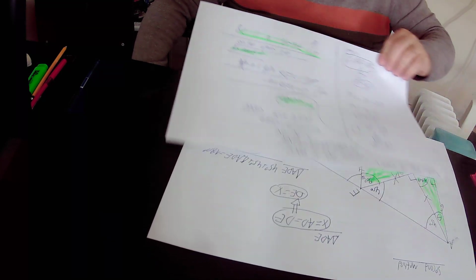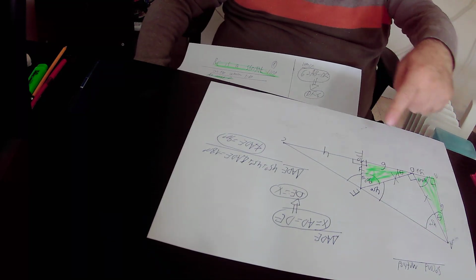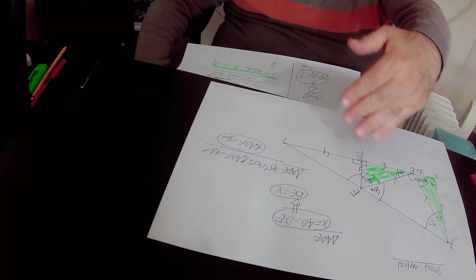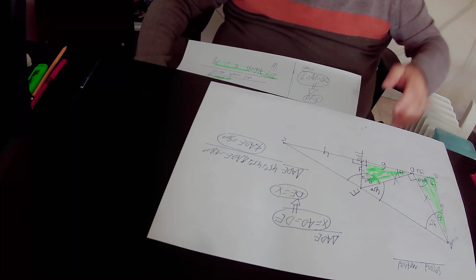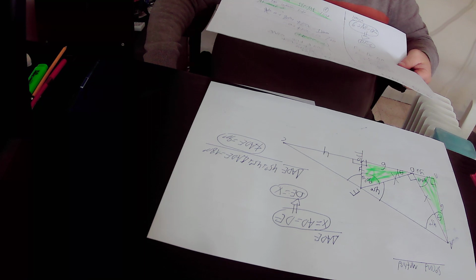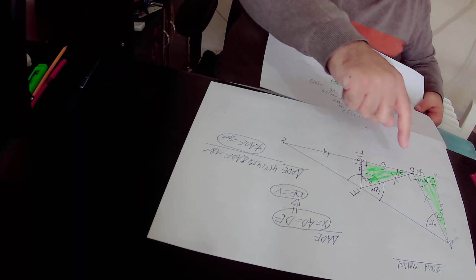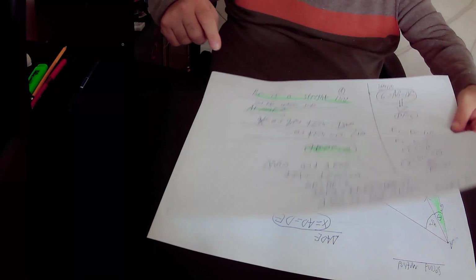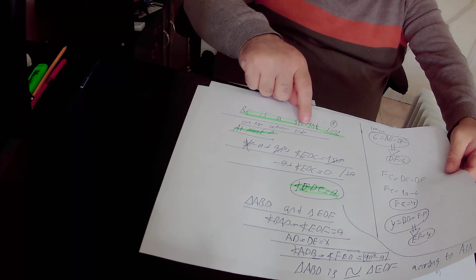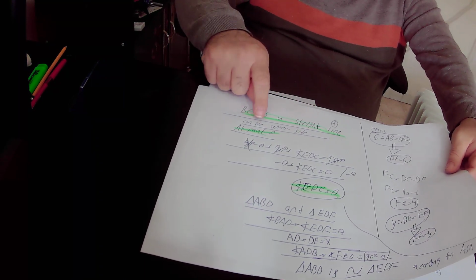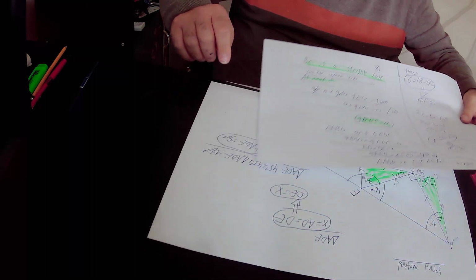So if we focus on the upper side of the straight line BC at point D, then according to the rule that I mentioned, the sum of the angles on the upper side of BC at point D must be equal to 180 degrees.